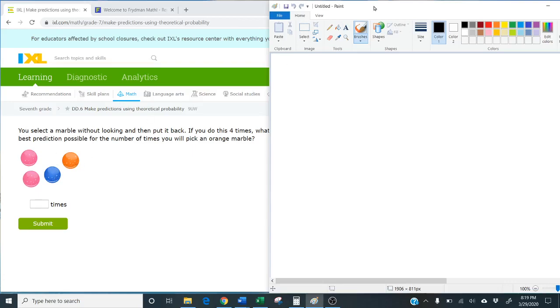So that would be 1 over 4, or 0.25, or 25%. You don't have to write all the different ways. It's just nice to see it.